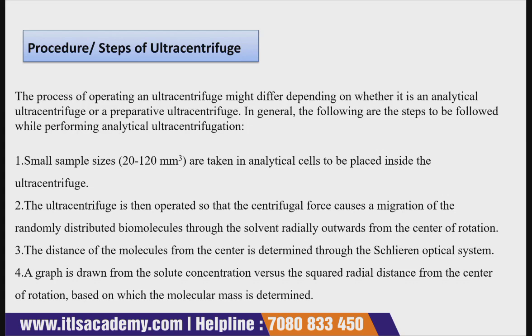The distance of molecules from the center is determined through an optical system. A graph is drawn of the solute concentration versus the squared radial distance from the center of rotation, based on which the molecular mass is determined.